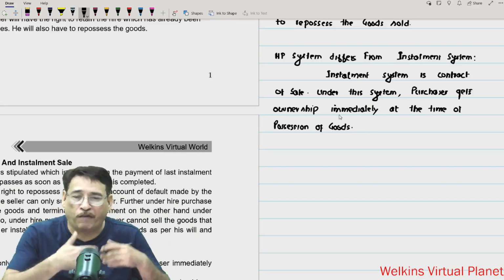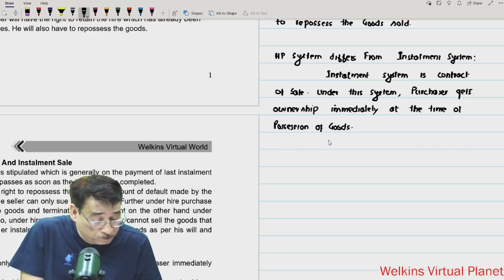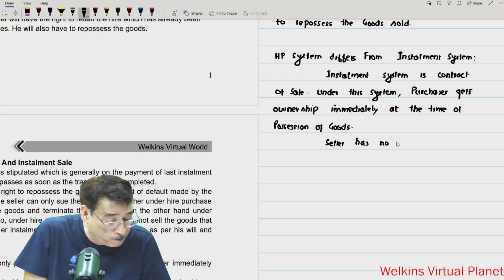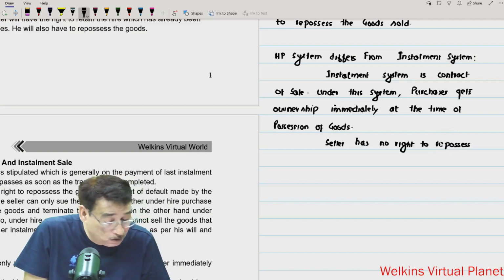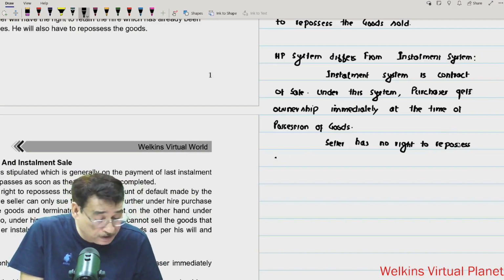Of course, he can file a case against the same. Seller has no right to repossess the goods sold.